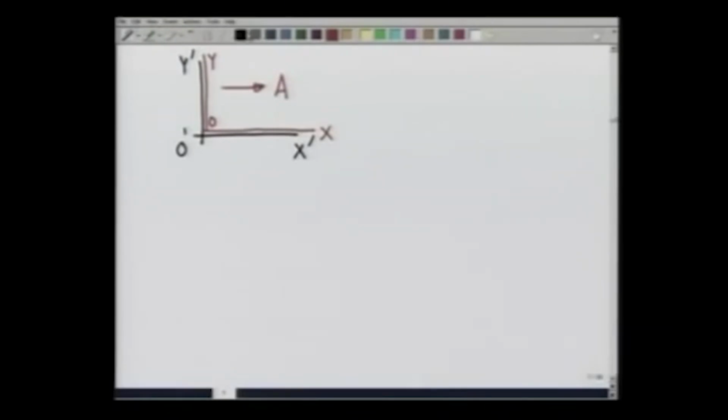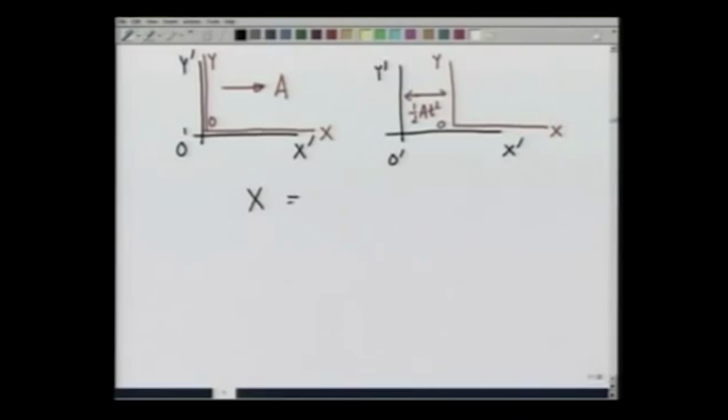If that is the case, you can write the transformation equations as follows. After time t, the original frame is fixed where it is, but the accelerating frame has moved forward by a distance of 1/2 a t squared, and therefore x equals x prime minus 1/2 a t squared, y equals y prime, and if there is a z axis, z equals z prime.